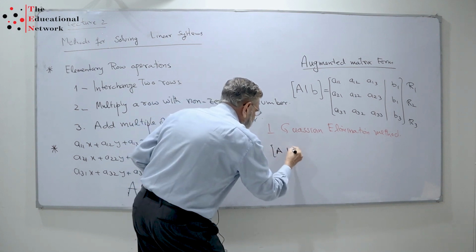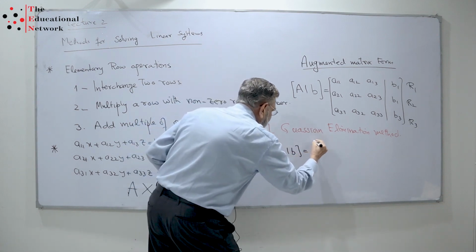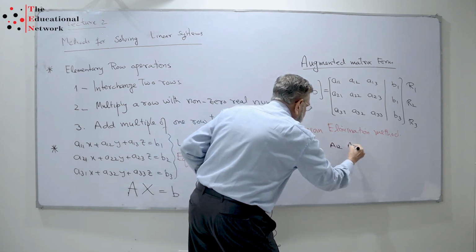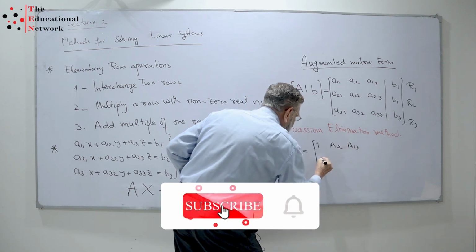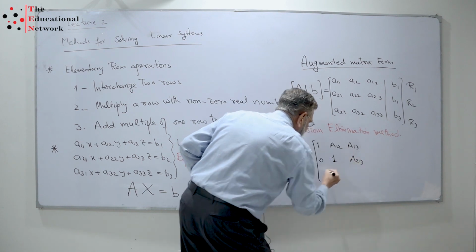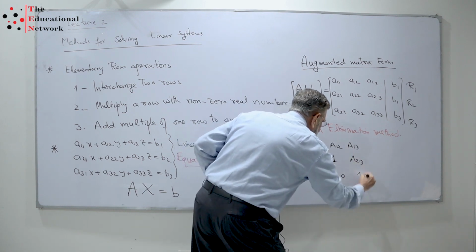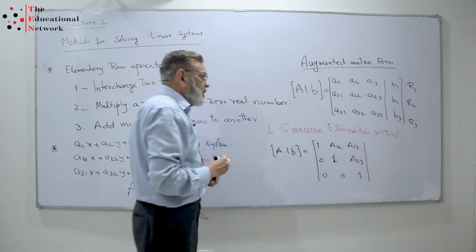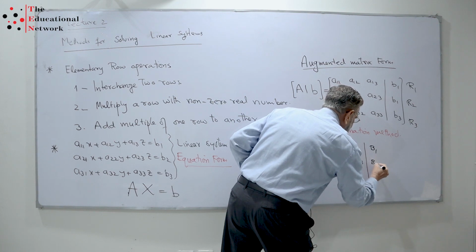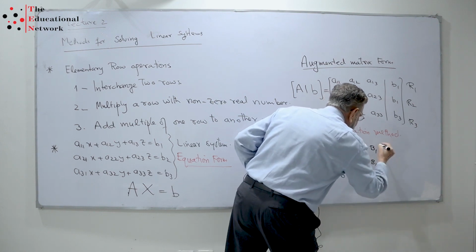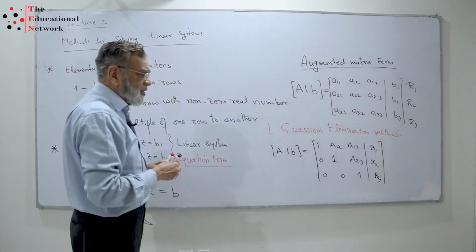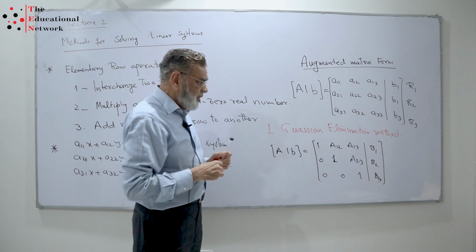I make row operations, and with the help of row operations I try to achieve this: here 1, this is my new coefficient, and this is another new coefficient, and then this is 0, and here it is 1, and I get here A23. I get here 0 0 1. As I reduce this by row operations, my B is also changed, and I get B1, B2, B3. We solve it with the help of row operations, and this is the Gauss elimination method.